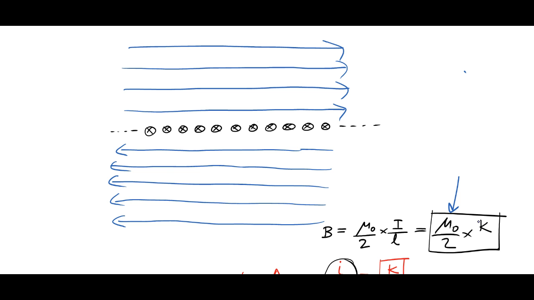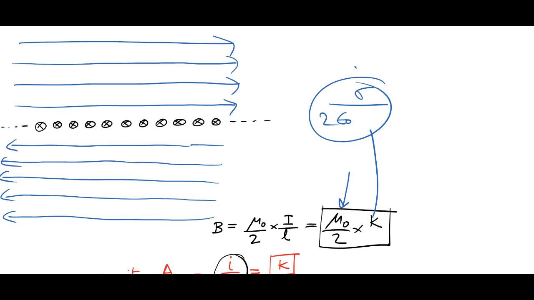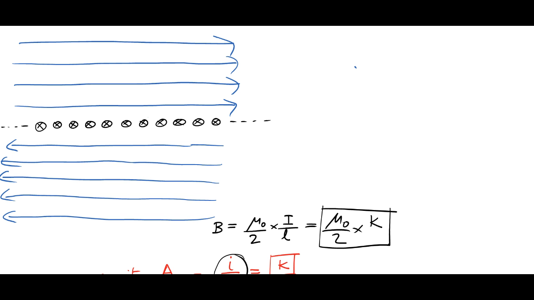By analogous I would mean k would become sigma in the numerator, mu naught would go below as epsilon, and the 2 remains as 2. So I think once I write sigma upon twice epsilon naught, you will probably remember that I'm talking about an infinite plane of charge.